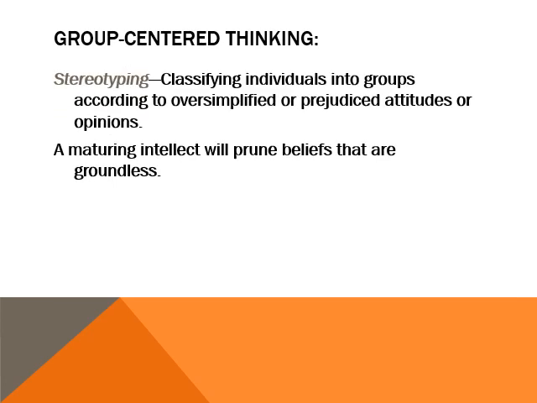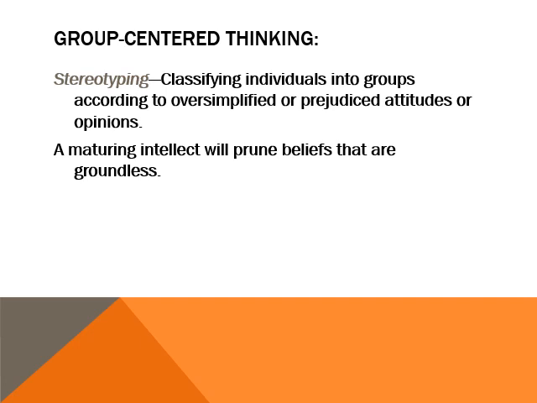And then the last slide about group-centered thinking is stereotyping. Really classifying individuals into groups with some very oversimplified or prejudiced attitudes or opinions. So a lot of times stereotyping is giving them a very low opinion of different people.